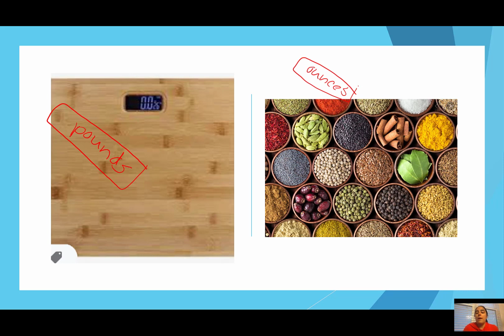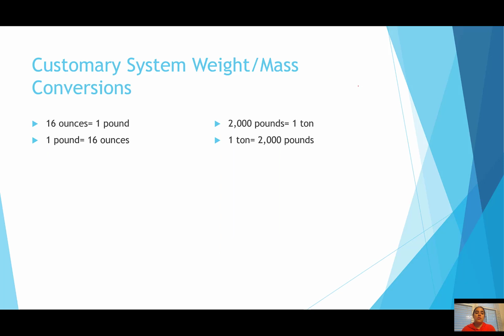So today we're going to talk about how we can convert or move between pounds and ounces, tons and pounds, and back and forth. So here are some things you need to know. 16 ounces equals 1 pound, or 1 pound equals 16 ounces.